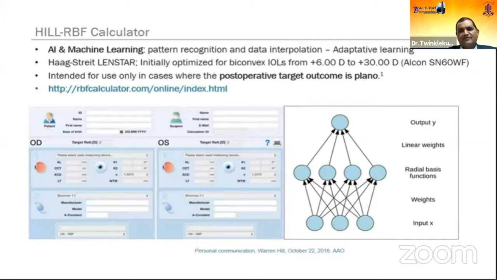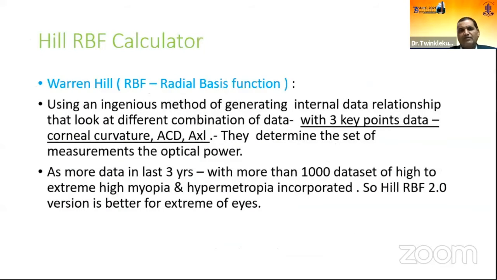But over a period of time, to widen the scope of this formula, he has gathered more and more data. And now his data set incorporates high to extreme myopia and high hypermetropia. So now Hill-RBF 2.0 is better for the extremes of the eye, and you should use Hill-RBF 2.0.